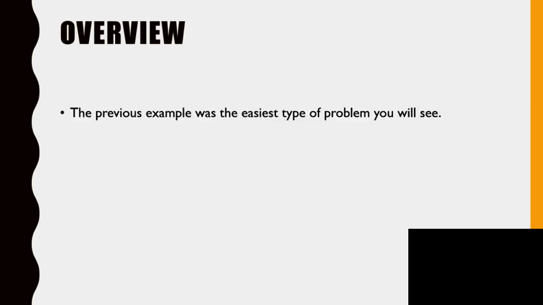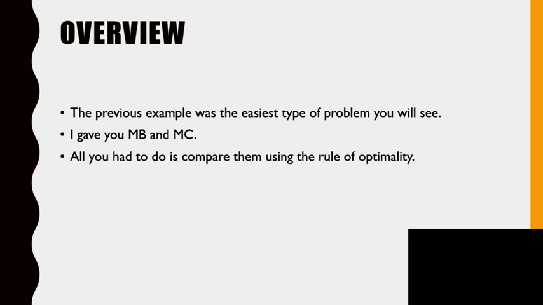The previous examples that we looked at in part 1 of this topic were the easiest that you're going to see. Why were they easy? Because I gave you marginal benefit and marginal cost. You didn't have to calculate anything. All you had to do was compare them using the rule of optimality.